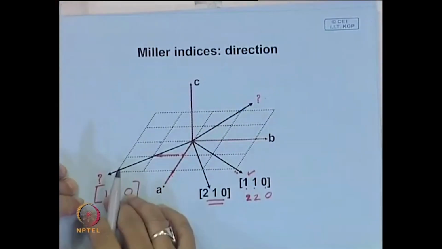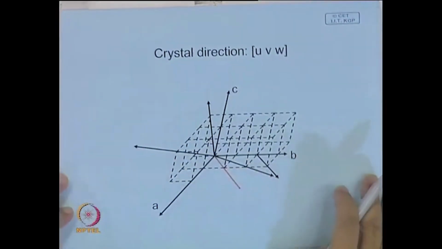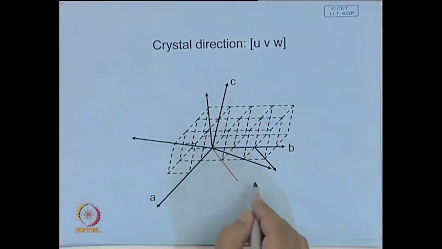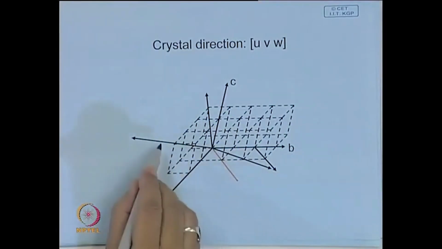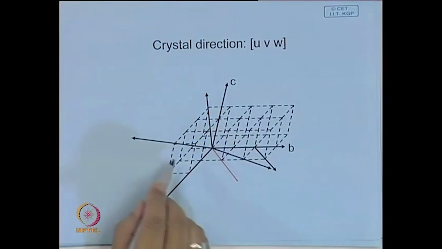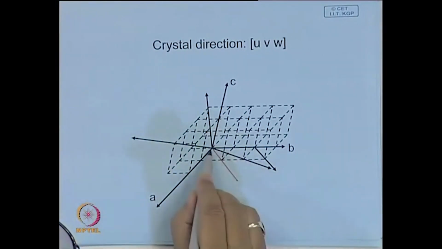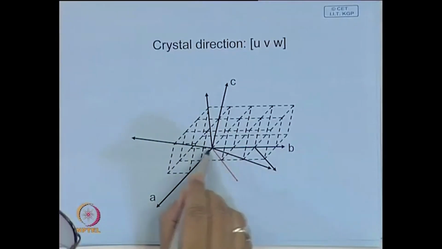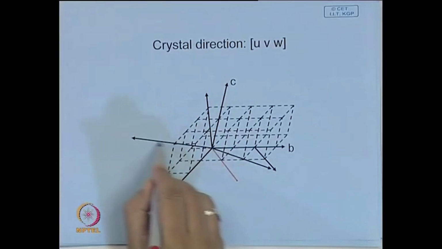But in a crystal, you will have arrangements in 3 dimensions, which is shown in the next figure. Here you take one particular case, say, what is this particular direction?